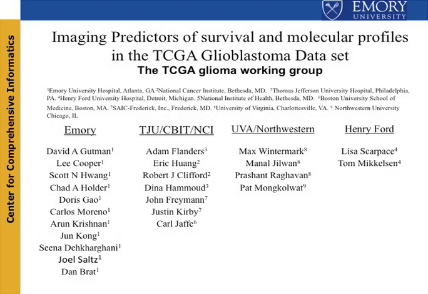Adam Flanders from Thomas Jefferson, who is actually right here, is really the lead on this, although a number of folks from Emory have been playing increasingly strong roles, and Carl Jaffe from the NCI has played a big role as well. This involves a large number of radiologists who are using non-image analysis computer methods to manually mark up and characterize features of MR associated with brain tumors.